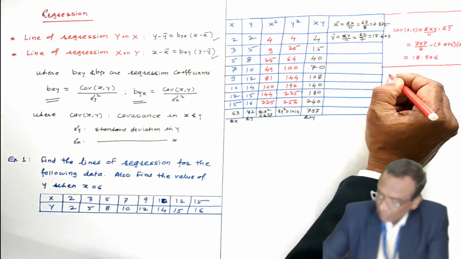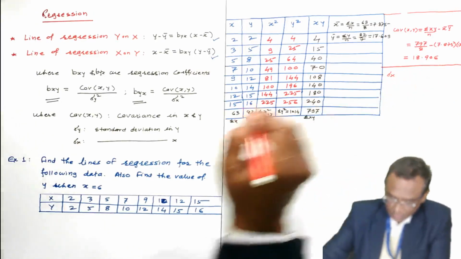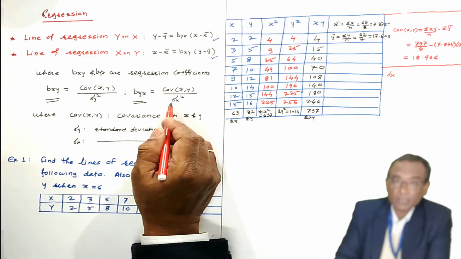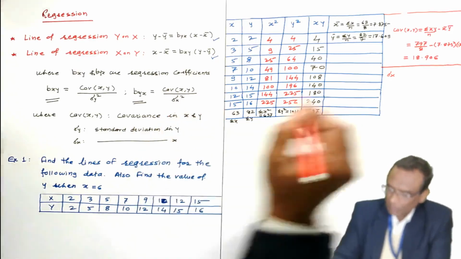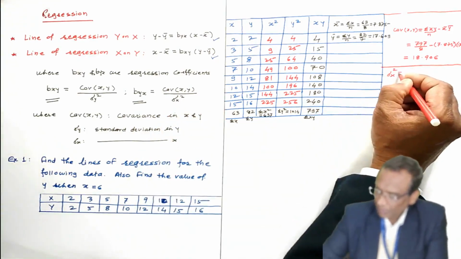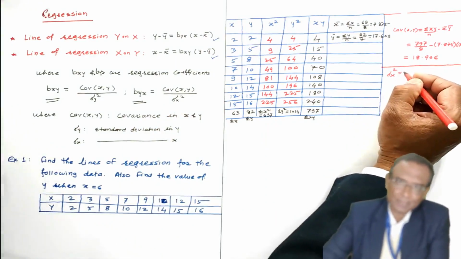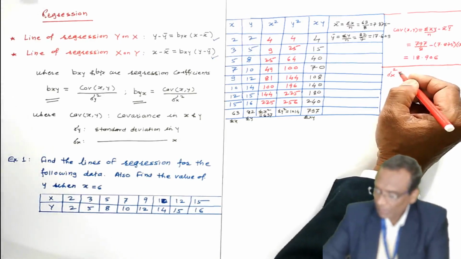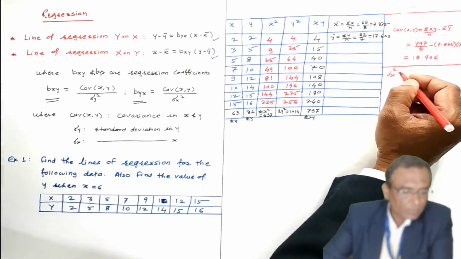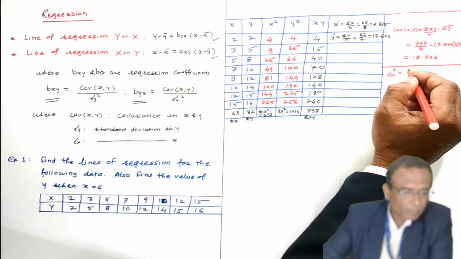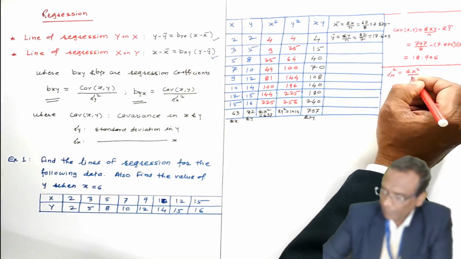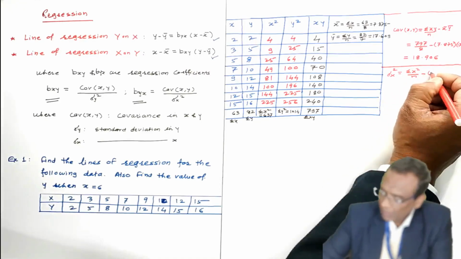Now sigma x. This is a standard deviation, and the standard deviation squared is the variance, but I am writing sigma x square directly. You can find sigma x and take the square, or find sigma x square directly. The sigma x square formula is summation of x square by n minus x bar square.